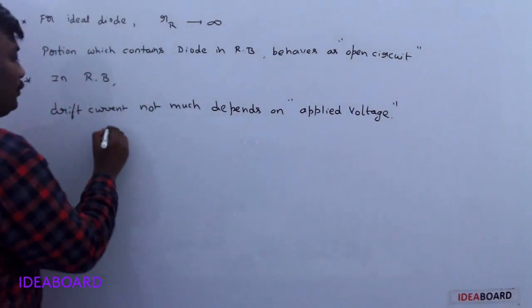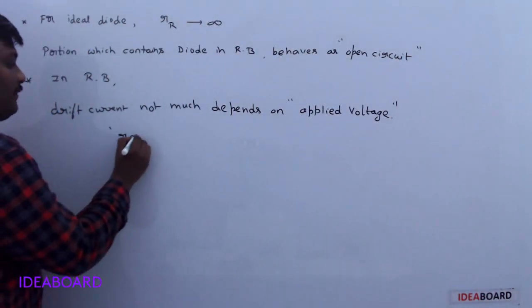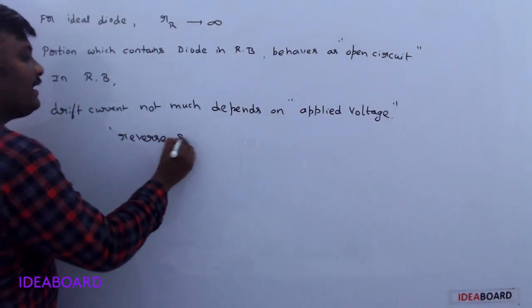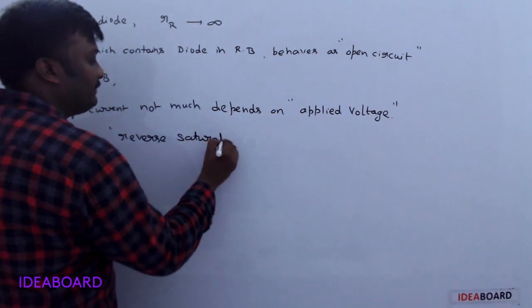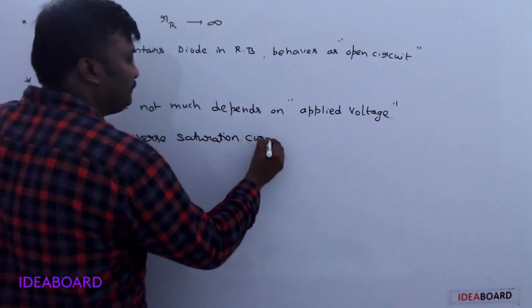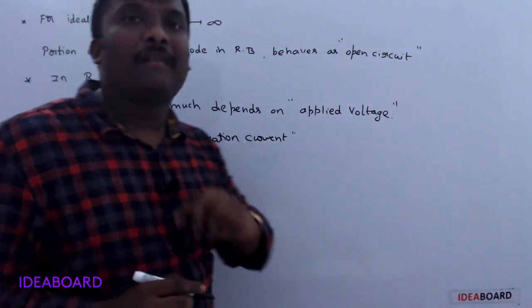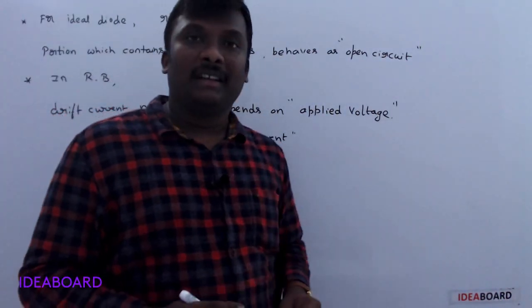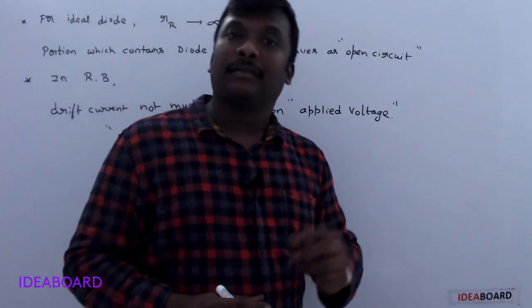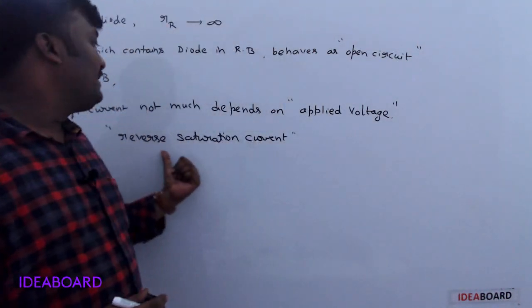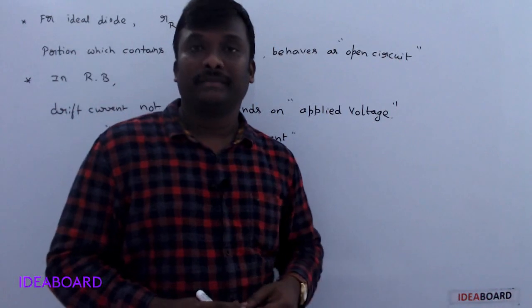That maximum value is called the reverse saturation current. For a smaller value of the applied voltage, the current reaches the maximum value. That reverse current is named the reverse saturation current.